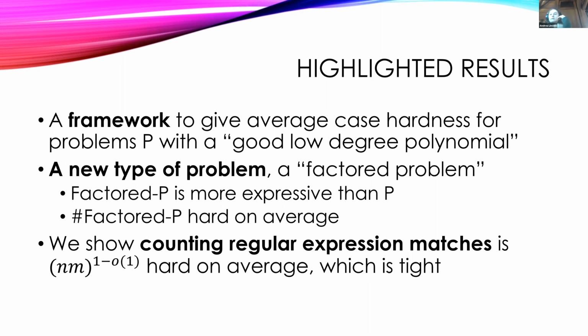We additionally, as an example of the kind of result you can get from a combination of this framework and these factored problems, show that counting the number of matches of regular expressions is NM hard on average, which is tight with the algorithmic side. And we can give an explicit distribution for this problem.